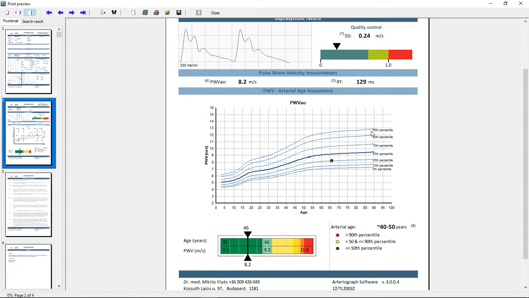Here you can see the so-called LMS percentile curves of the population from the 5th to the 95th percentile. The median is the 50th percentile, which is used to determine the arterial age of the patient. In this case, the patient who was 66 years old during the measurement had a value of only 8.2 meters per second, which is around 45 or 46 years.